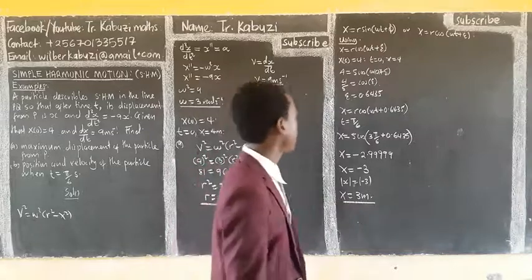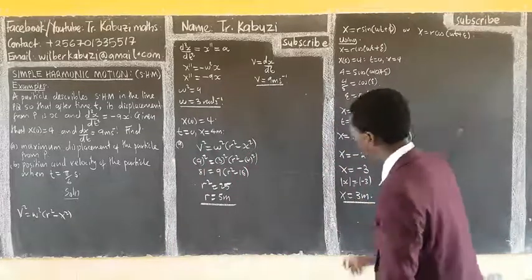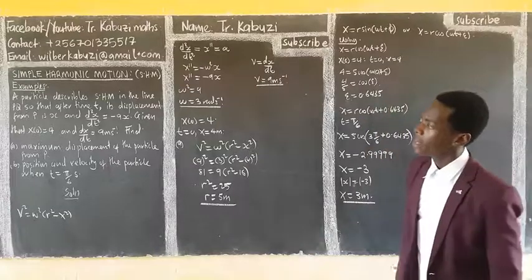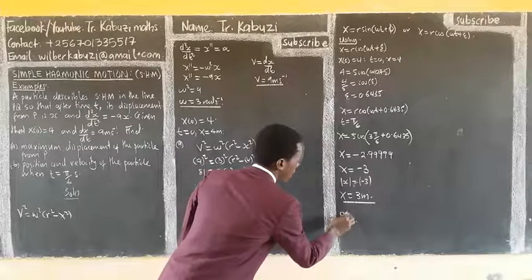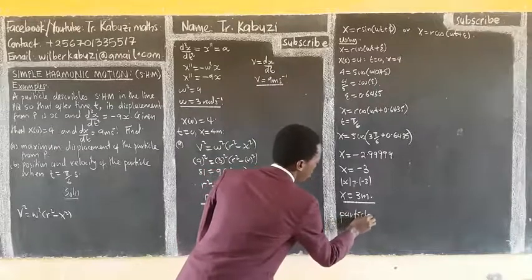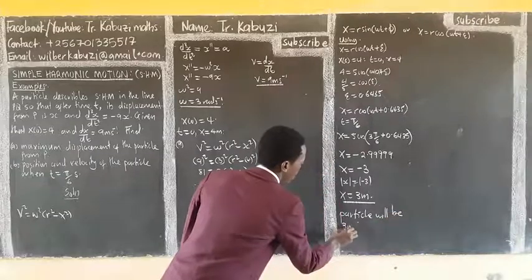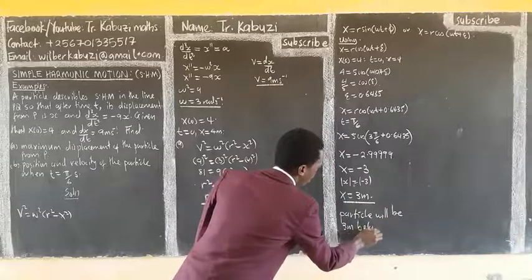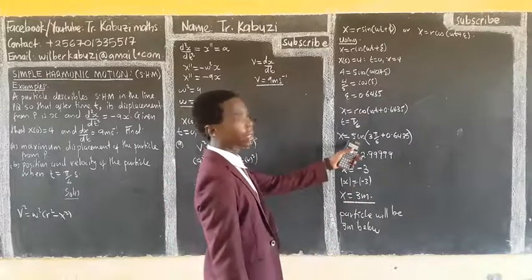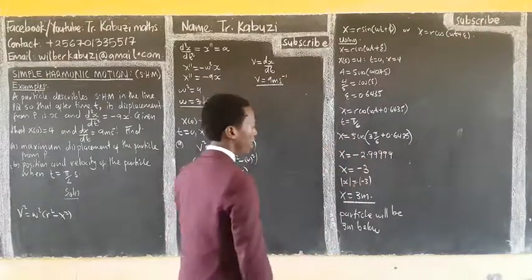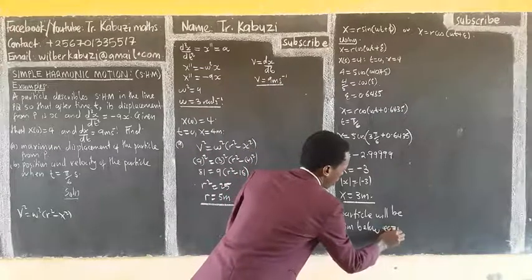The particle will be 3 meters below. Why am I saying below? Because of that negative. If you use cos, you get negative, below the equilibrium position.